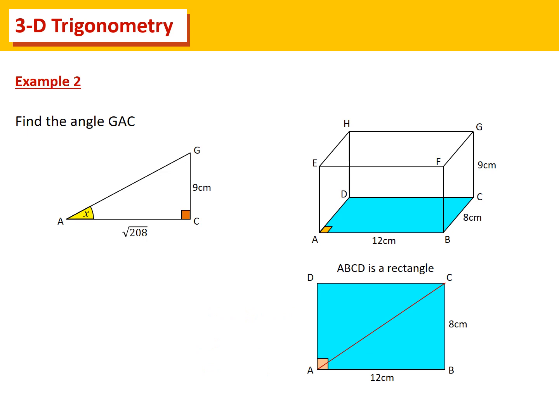We mark that in on our triangle, and once again, we're going to find X using SOHCAHTOA. It's going to be the tangent ratio. Tan X is opposite over adjacent, so that's 9 over the square root of 208. And that gives us X is 32.0 degrees.